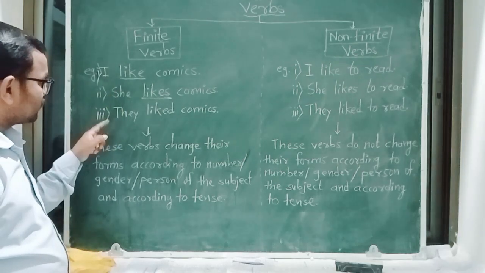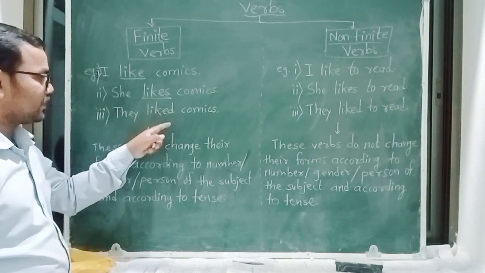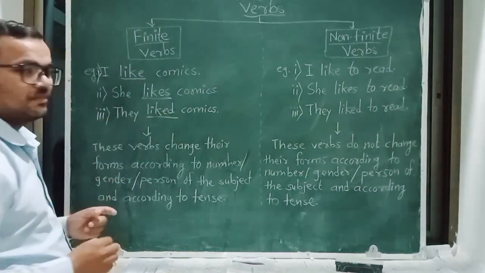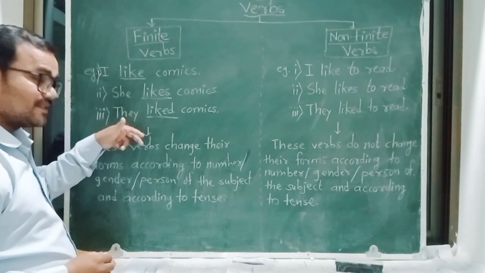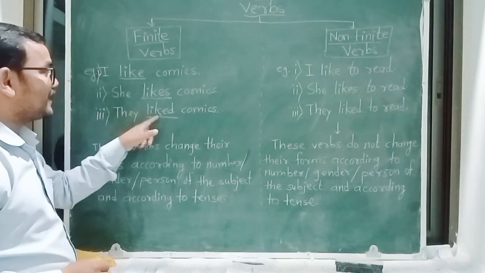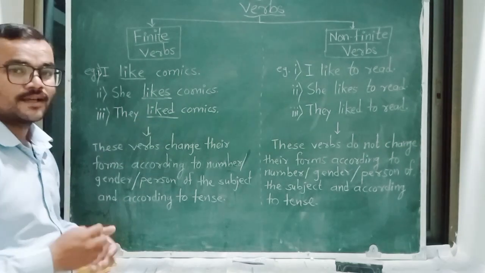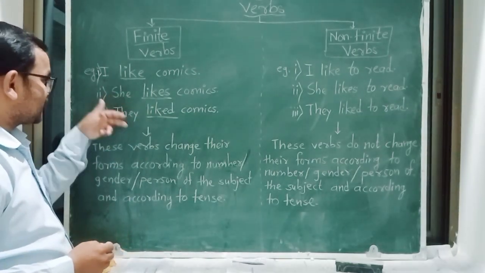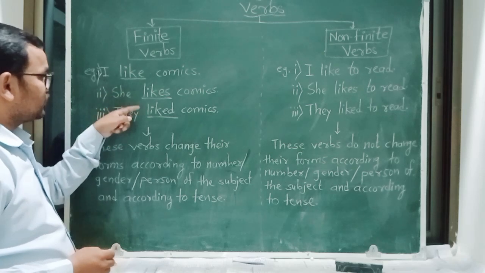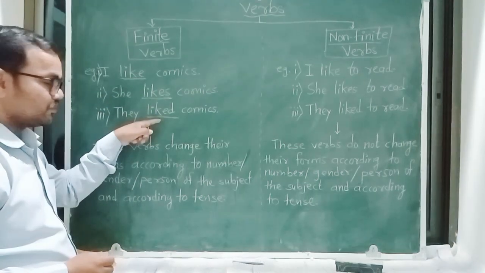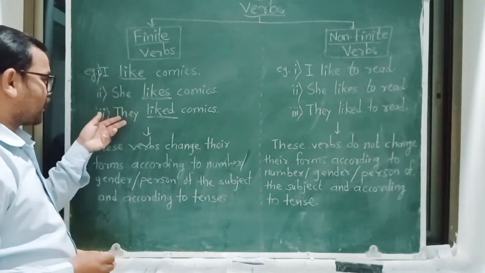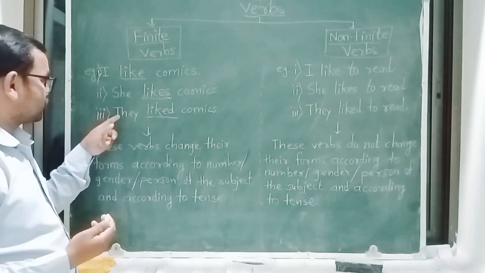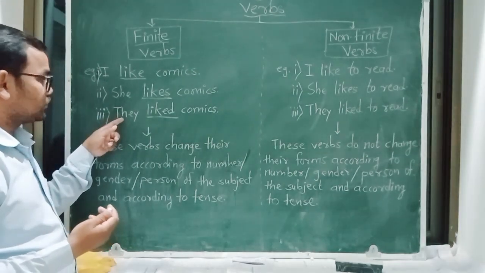And if you look at the third sentence, they liked comics. Over here, liked is a verb. As I change the tense, this sentence is in simple past tense. So as I change the tense, there is also a change in the form of the verb. And I agree that there is also a change in the person of the subject.